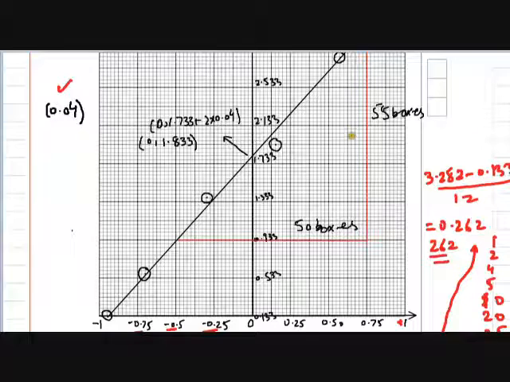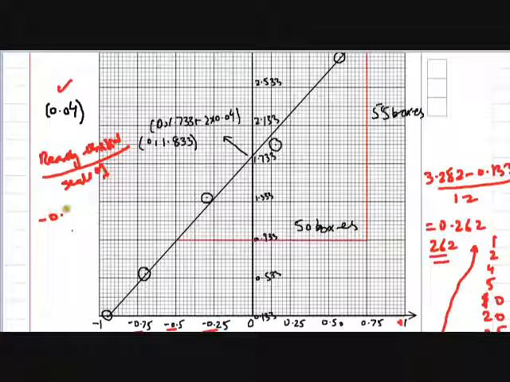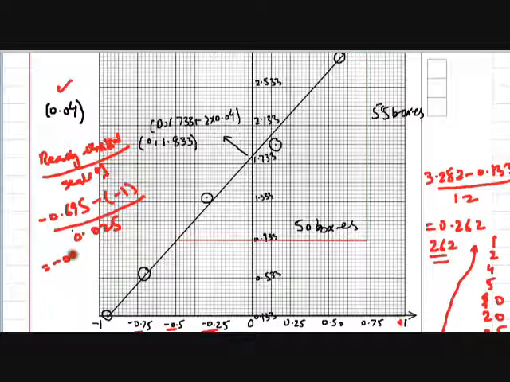You know already the formula for the reading. The formula is whatever reading minus initial value divided by scale of one small box. So reading is minus 0.695, minus initial value is minus 1, upon scale of small box is 0.025. So this will be minus 0.695 plus 1 upon 0.025.